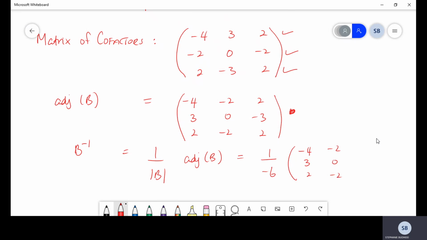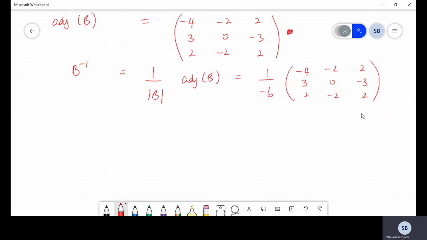And of course, if you choose to, you can bring your constant, which is -1/6, into each of these values, such that you will end up getting your inverse of your matrix to be equal to, that's of course if you choose, you would get 4/6, which is 2/3, you would get -1/2, you would get 2/6, which is 1/3, you would get 2/6, which is 1/3 here, you would get 0.